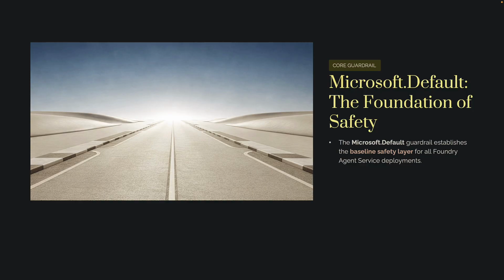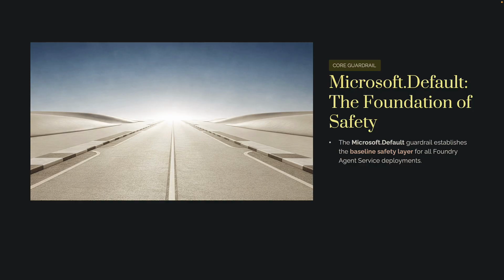But it's very important to understand what was there in the Microsoft default, right? So as it says, the Microsoft default guardrail establishes the baseline safety layer. It was at a very foundational level when they started. If you ask me what it covered, it was basically a predefined set of controls which covered things like hate, sexual content, violence, self-harm, prompt attacks.